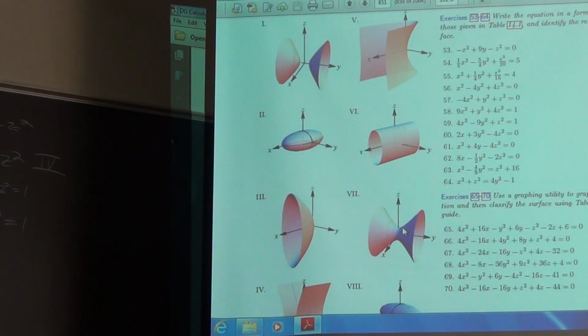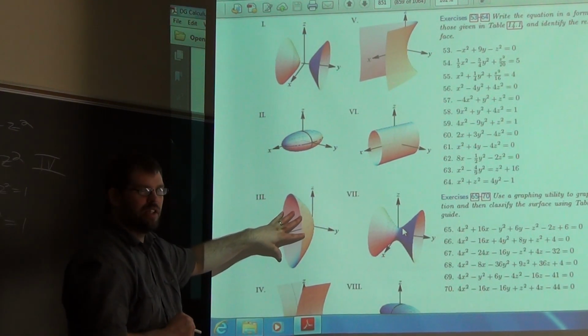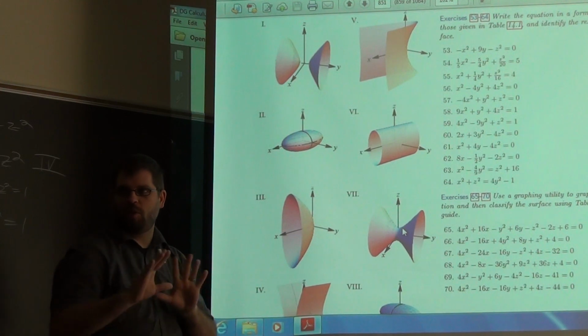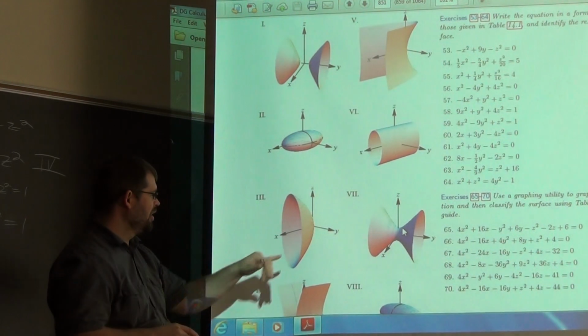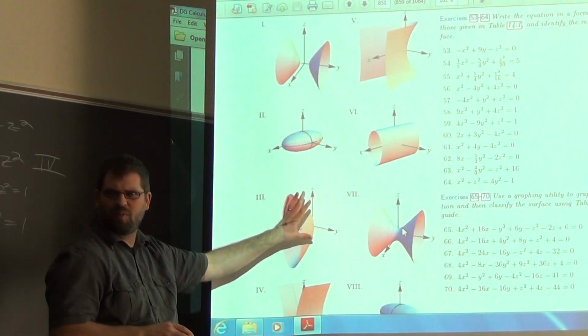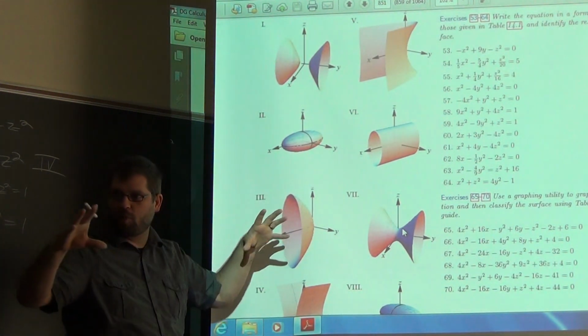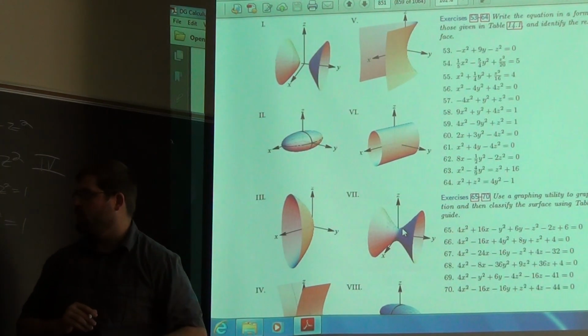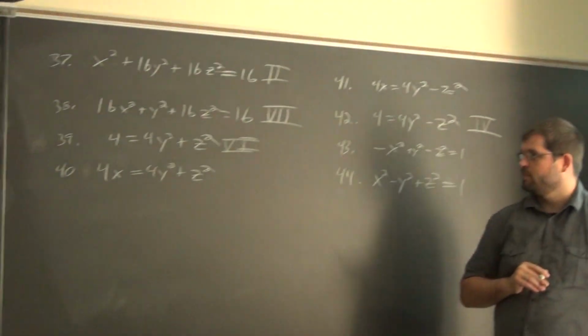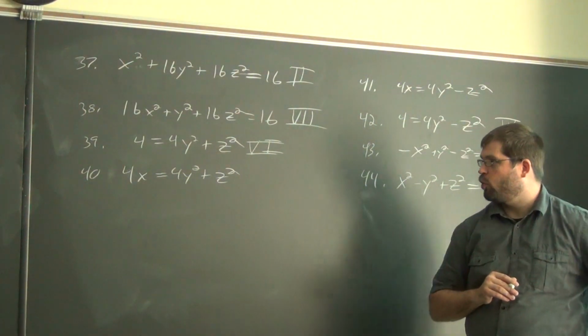So maybe we've kind of seen stuff like 3 before, right? So if you ignore one of the variables, it should be x equals z squared or something like that, and then x equals y squared or something like that, because it's opening like a parabola in both directions. And so which one's that? 40, right?